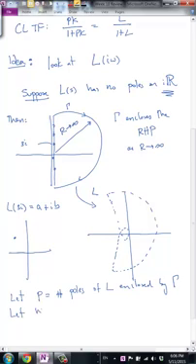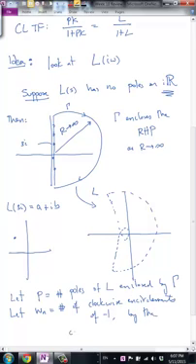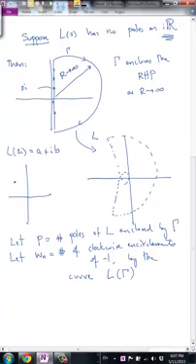Let's let Wn equal the number of clockwise encirclements of -1 by the curve L of gamma. In other words, this dashed line here is L of gamma.